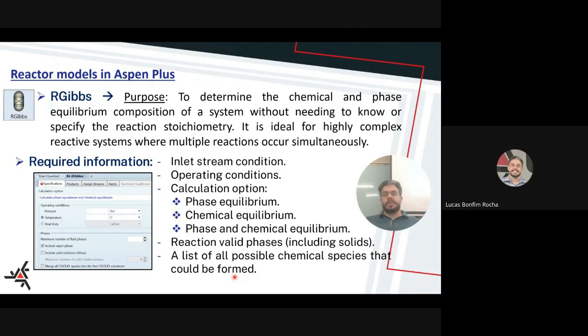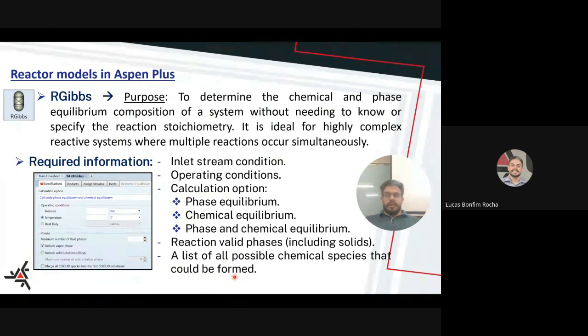It will identify all components that we have selected, and it will arrange all the possibilities of reactions that we can have, taking them as reactants and products, and based on these components it will calculate the equilibrium condition that's possible to achieve for those compounds, in those conditions of temperature and pressure, for example. And it's ideal for highly complex reactive systems where multiple reactions occur simultaneously, okay?